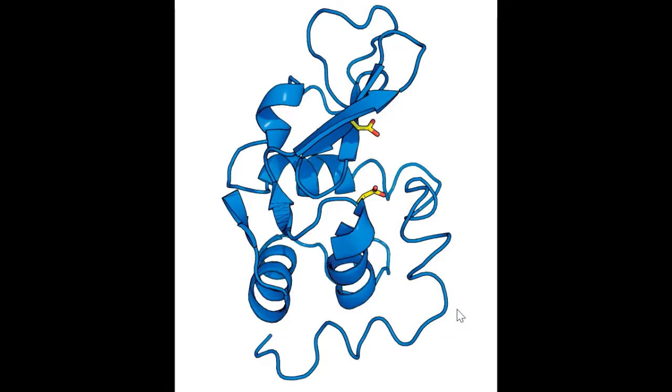Now, they may have all sorts of important other roles in making the structure stable, because remember, the precise positioning of these amino acids is crucial for the catalytic effect to work. So we can't say that these other amino acids don't play a role, even though they're not in the active site, because it could be that mutating them would alter the structure subtly and mean that these weren't quite in the right place.